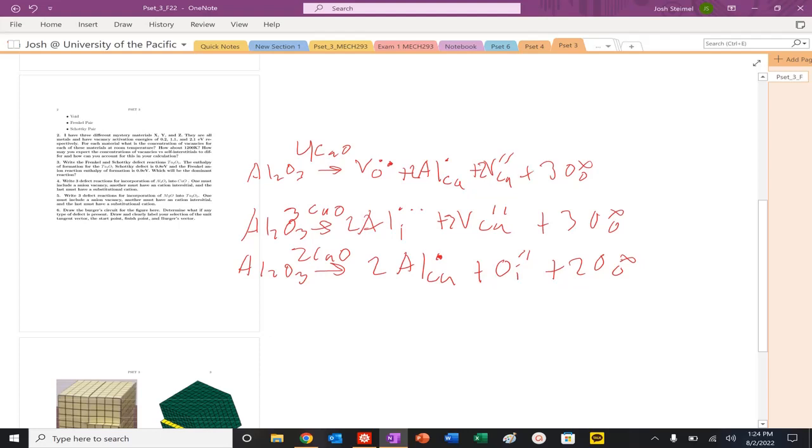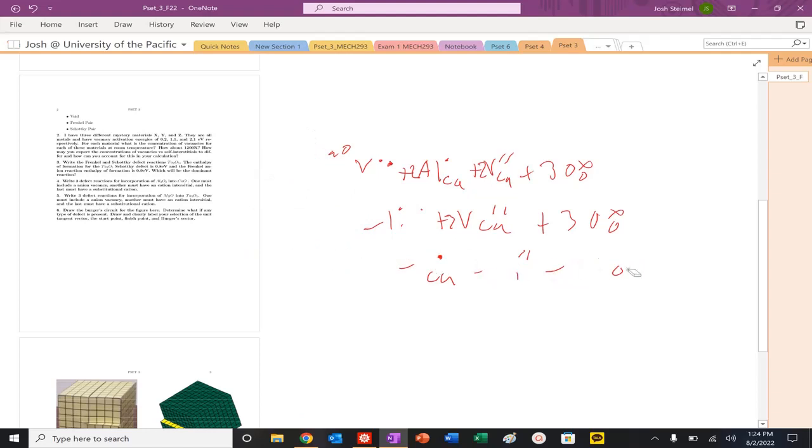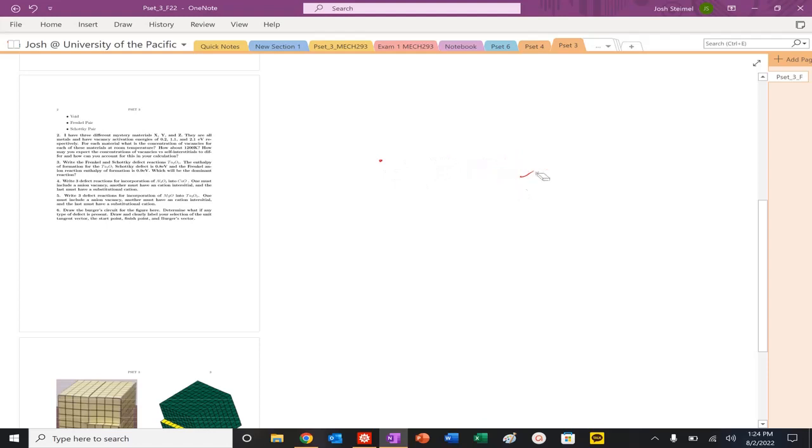So we need to do the same thing effectively now, but let me erase this here. So now I need it for MgO into Ta2O5.